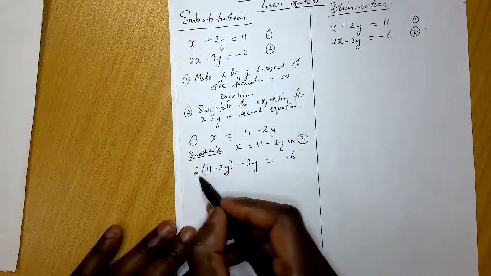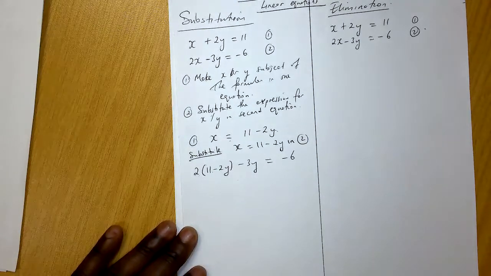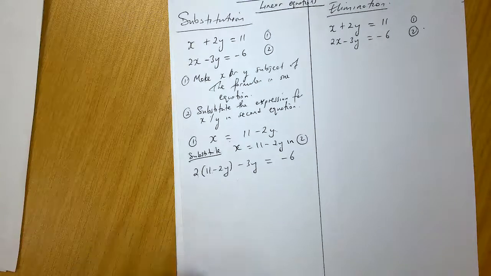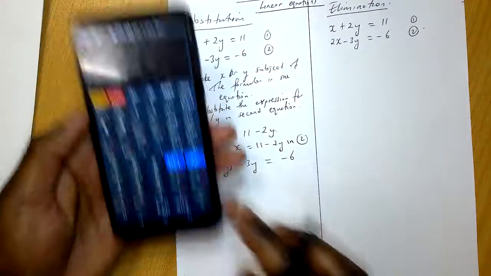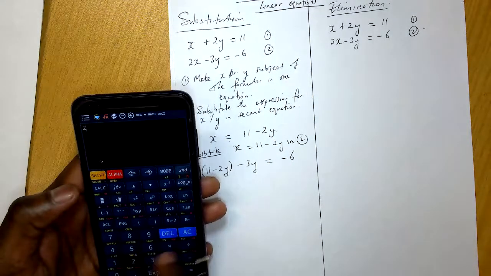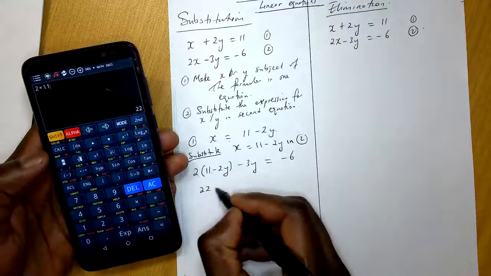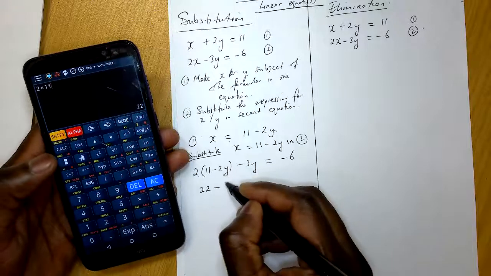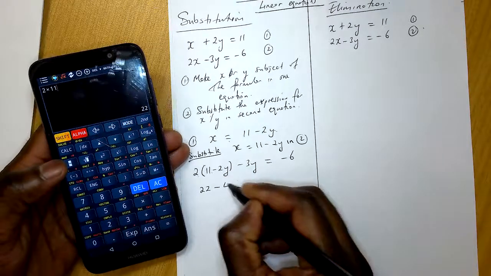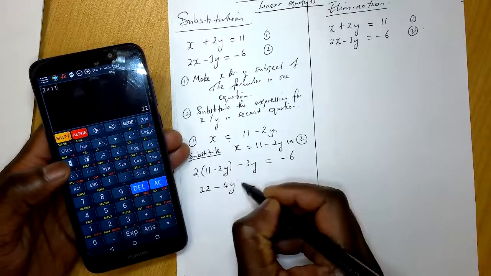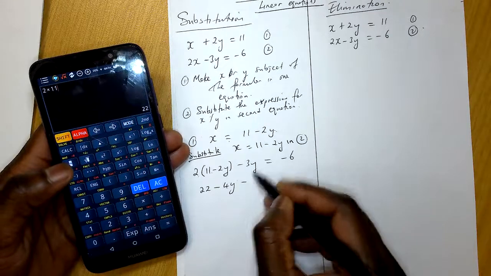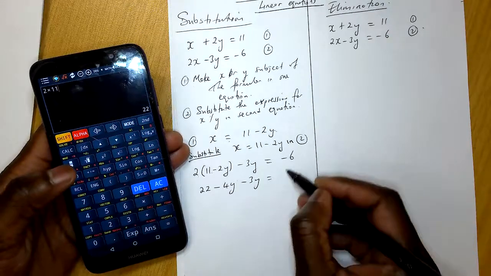Now, 2 times 11 is what? 22. Then 22, minus 2 times 2y, minus 4y, minus 3y is equal to negative 6.